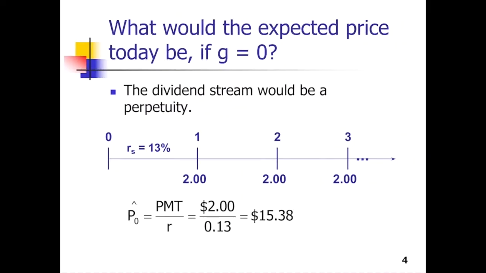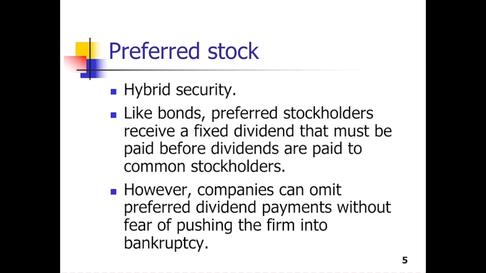Before we run the constant growth model, let's start with the preferred stock's valuation. What is preferred stock? Preferred stock is a kind of hybrid security. What is a hybrid security? It has the characteristics of both bond and stock. Preferred stock is like a bond, receiving a fixed dividend, and it is a kind of stock, right?